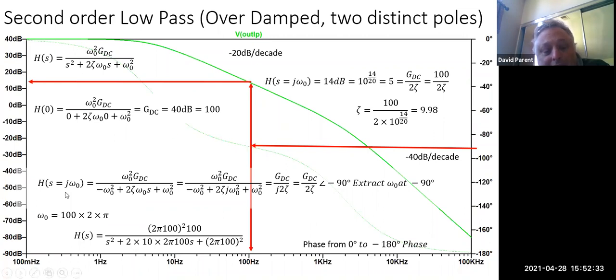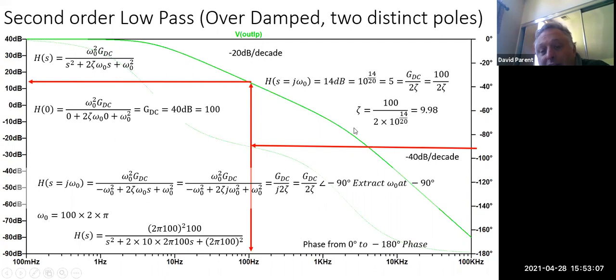And what happens is if I set s equal to j omega and substitute that, I really get the DC gain divided by 2 zeta at -90, right? So that's why I extract at -90. So in fact, if I have already looked up the DC gain and I just find the magnitude here, 14, I can solve for zeta and get around 10, all right?